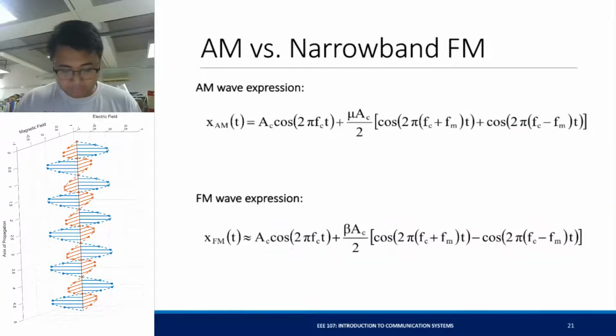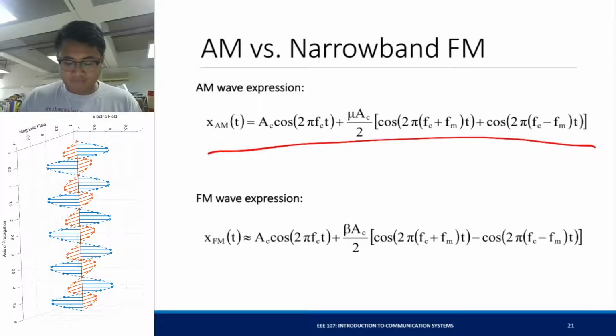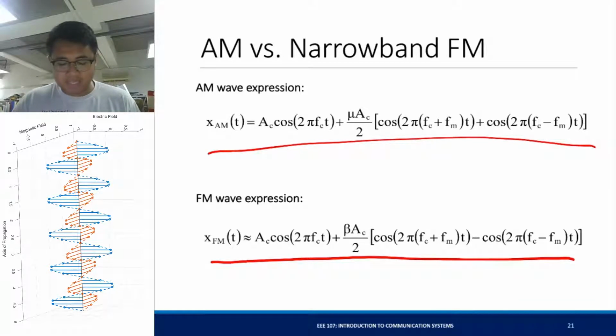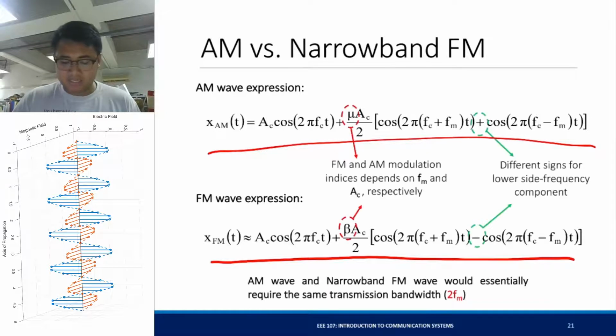Okay, and we compare that with your AM wave expression. Your AM wave expression looks like this. Your FM wave expression looks like this, approximately, at the very least. But there's a difference in the signs.